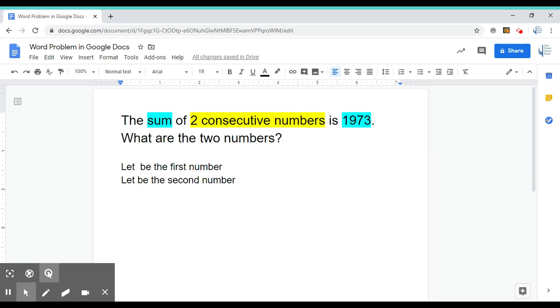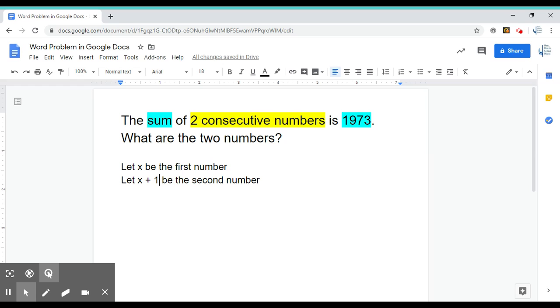Now, when I read through it, first number, second number, they are consecutive numbers. So consecutive numbers are things like 1, 2, 3, 4, 5, and they're all one digit apart. So I think I'm going to let X be my first number, and then I'm going to let X plus 1 be my second number.